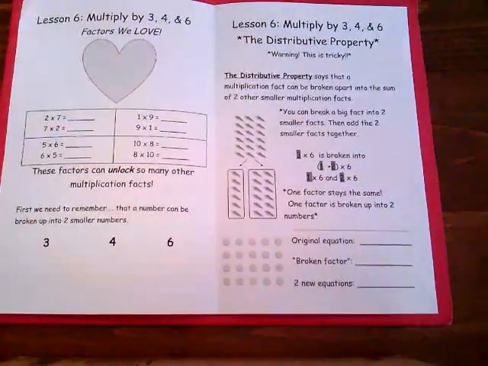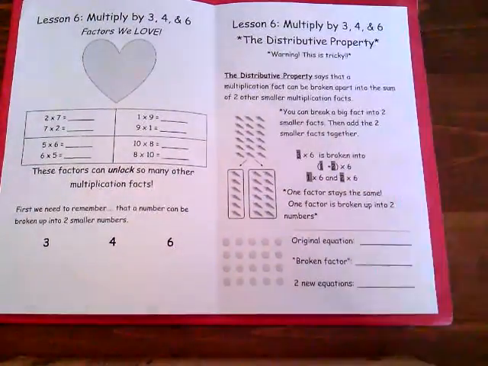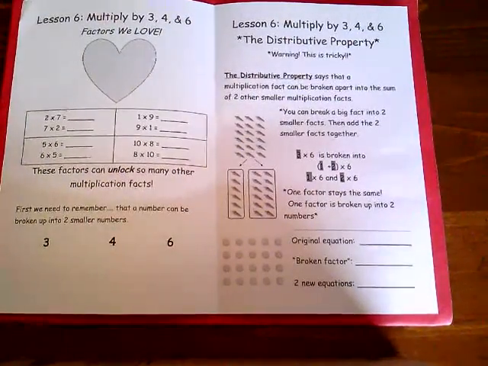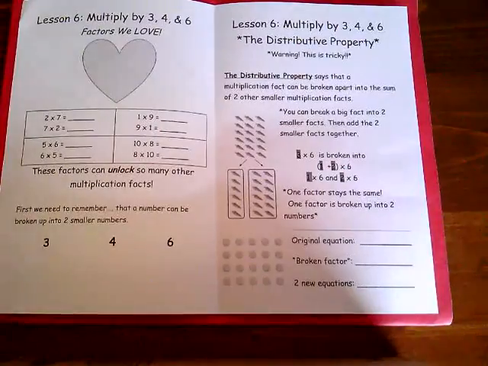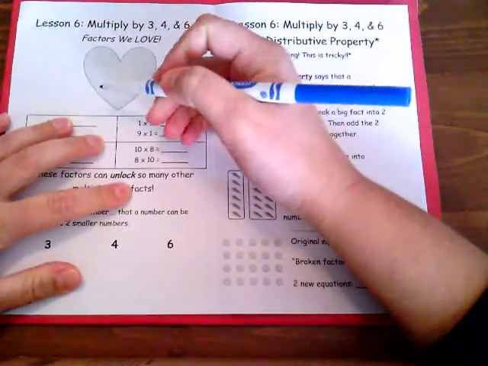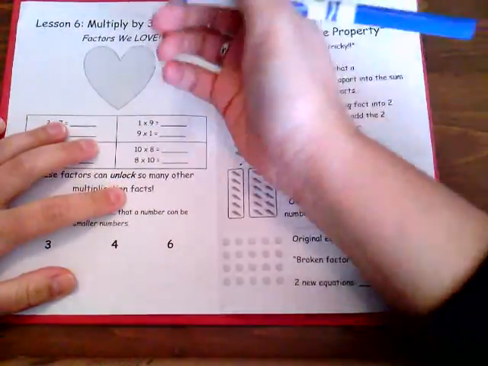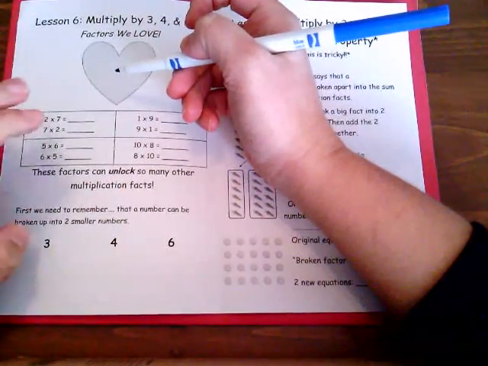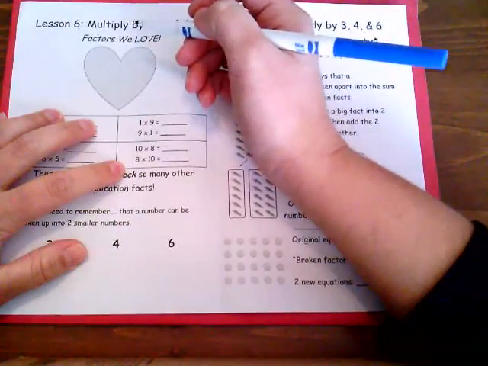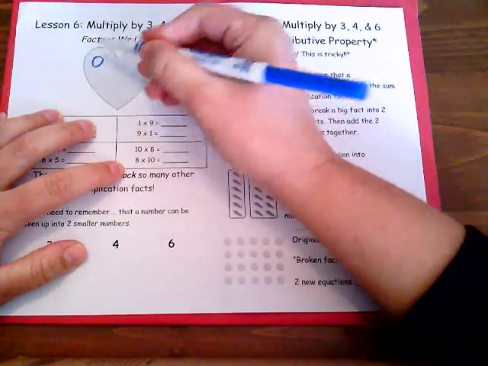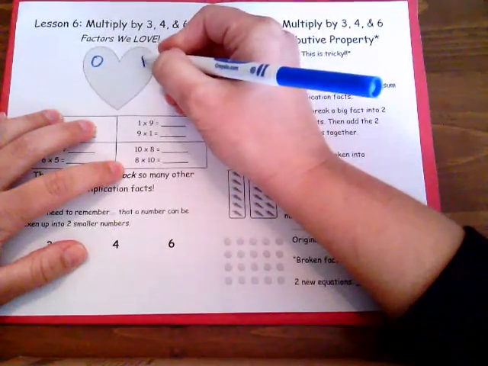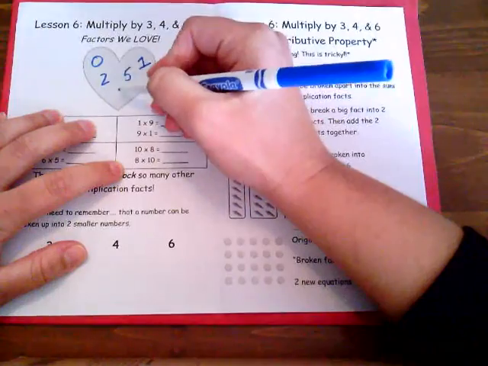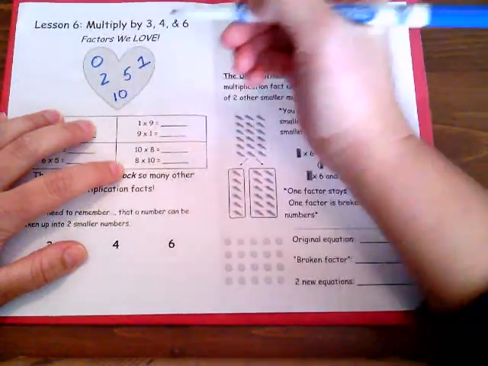So before we begin, let's take a quick moment to talk about some of the factors that we love to multiply by. Back in lesson 5, we worked on multiplying by 5 different factors, and those factors were really easy to multiply by. Some of the factors that we absolutely love are 0 as a factor, 1 as a factor, 2, 5, and you guessed it, 10.